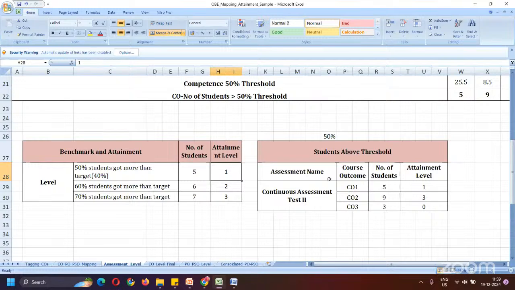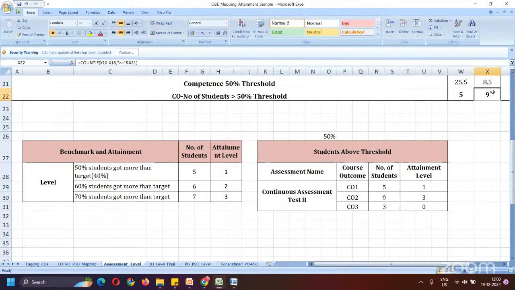Okay, so likewise I'll be setting the attainment level, because if I have to go for the attainment level 1, at least 5 students have scored the benchmark. So in my case, CO1, 5 students have scored, so my attainment level is 1. CO2, all the 9 students have achieved it, so my attainment level is 3.